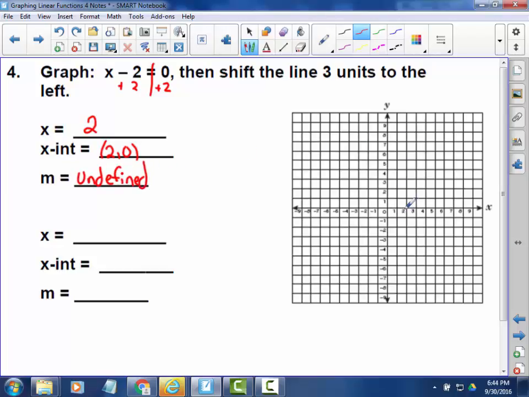All right, so we go to 2 on the x-axis, and we have a vertical line through there, the line x equals 2.